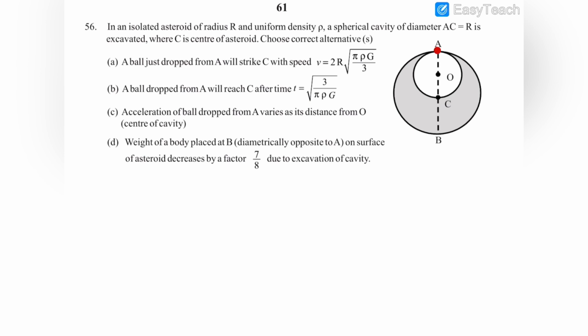Now a ball of some mass is dropped from this point, and we have to find out different physical quantities like speed and time and acceleration of the ball inside this free space cavity.